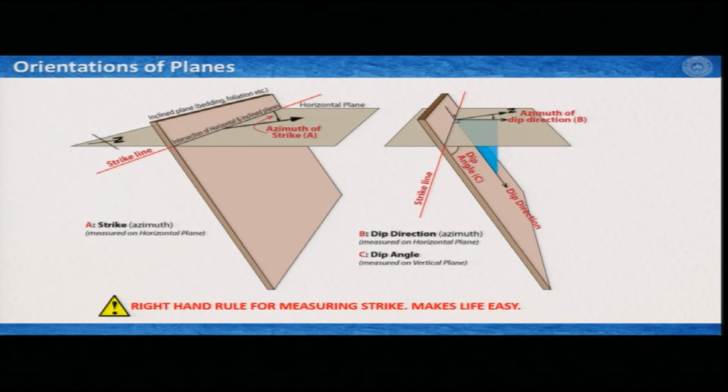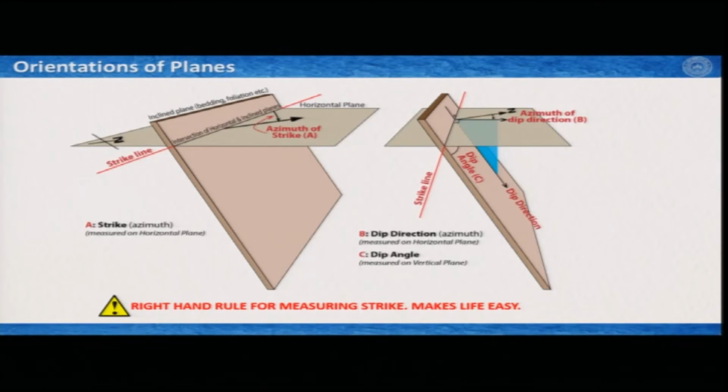So, if I have an inclined plane, I know what the strike of this plane is now, and the inclination or the slope of this plane is known as dip angle. Pictorially you can understand that this is the same plane, I just rotated it, and this angle that it makes with the horizontal plane is the dip angle, and the direction this plane slopes is the dip direction.